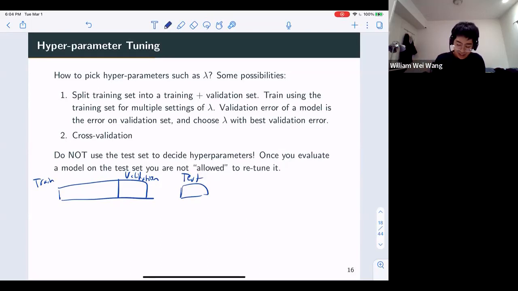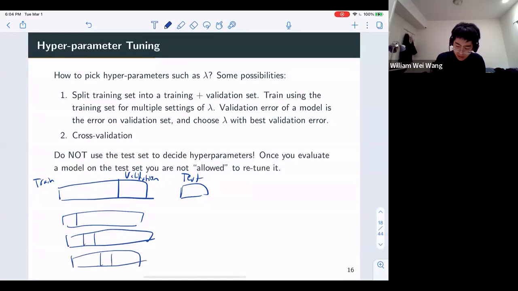And cross validation is kind of similar, except that it says, okay, maybe having one validation set is a little expensive. How about we divide the data like this. This shaded region is going to be your validation set.